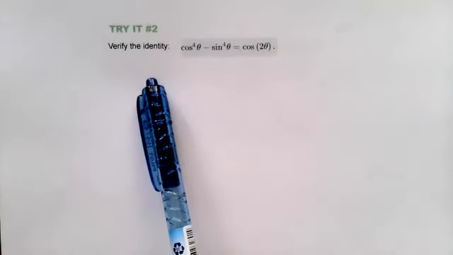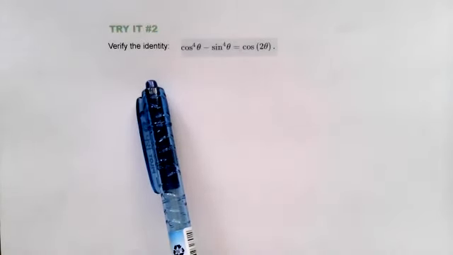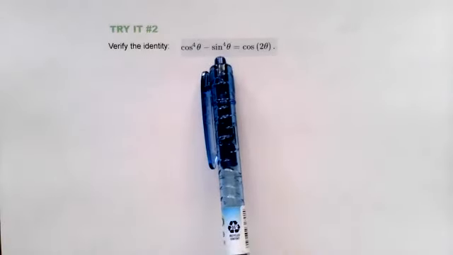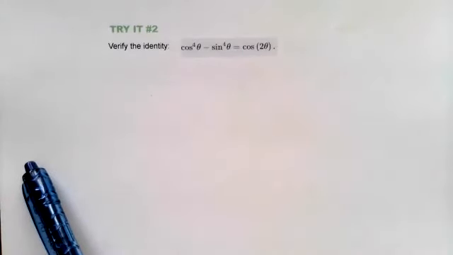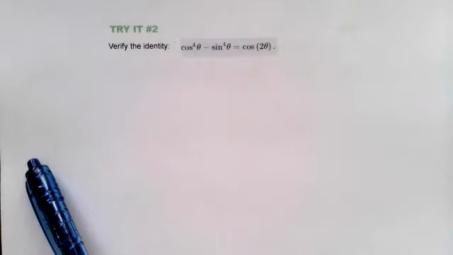And I want you guys to try this problem. So pause here and try to verify this identity. If it's too complicated, I'm going to give you a hint, but I do want you to try first.